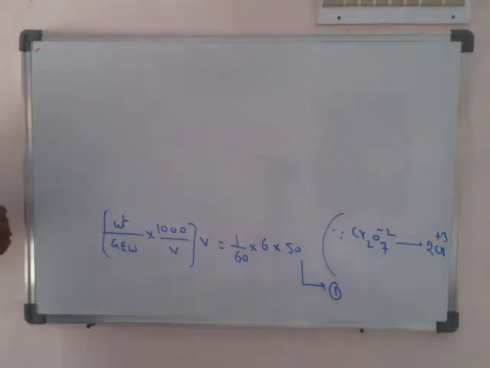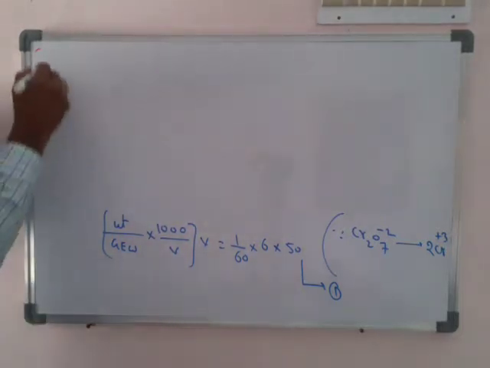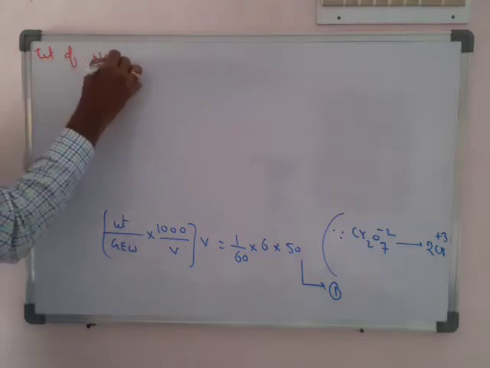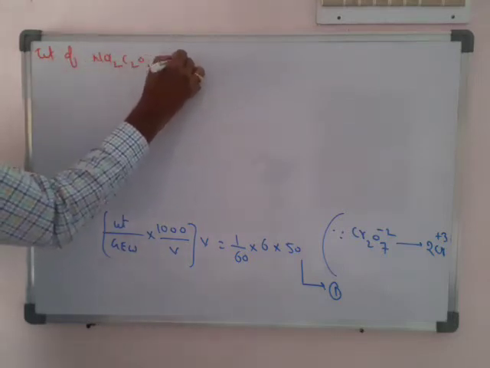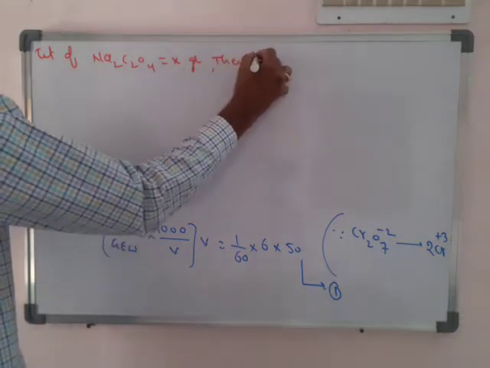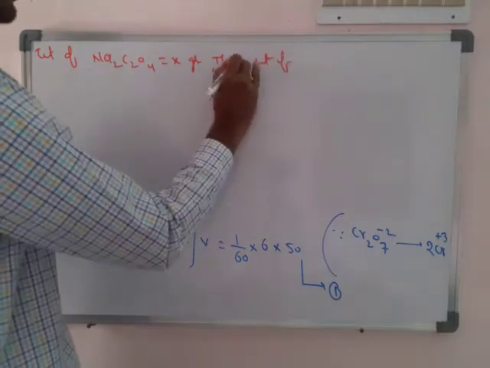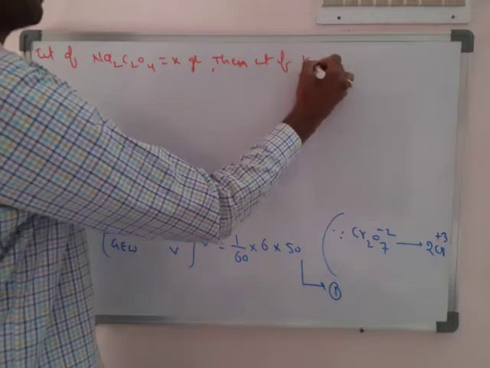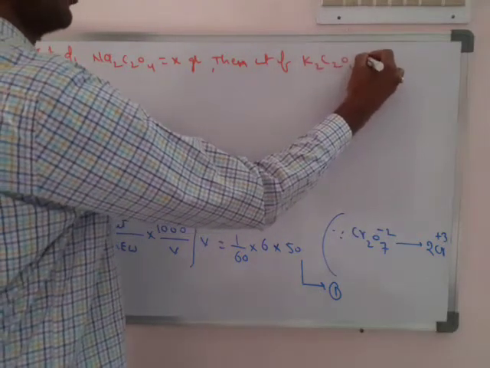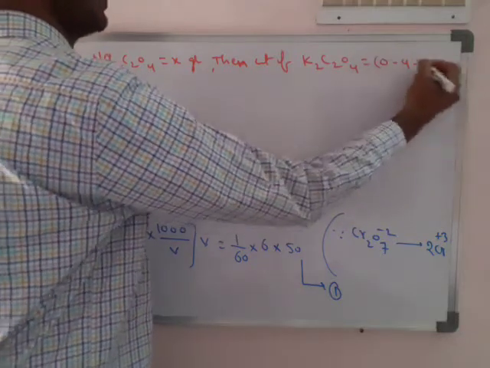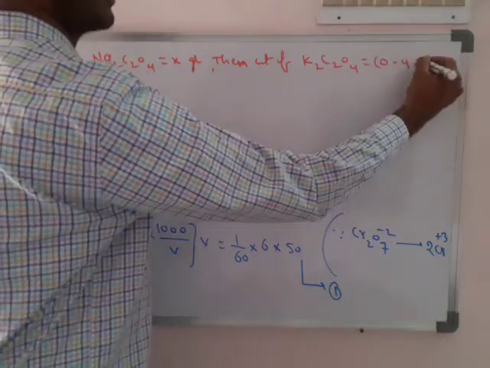So let the weight of sodium oxalate be x grams. Then what will be the weight of potassium oxalate? Total weight is 0.4 gram. So the weight of potassium oxalate will be 0.4 minus x grams.